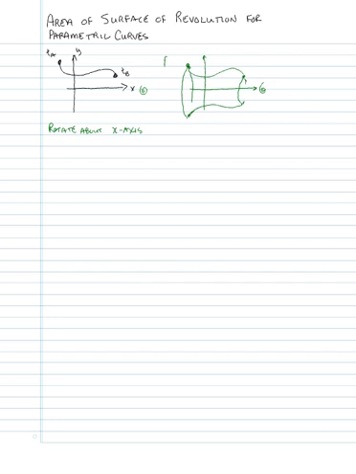Now, the way we did this before is we took a piece of the curve itself and thought about rotating that piece right here. So I'm talking about this piece right there. Think about rotating that around the whole surface, and it gives us a frustum.